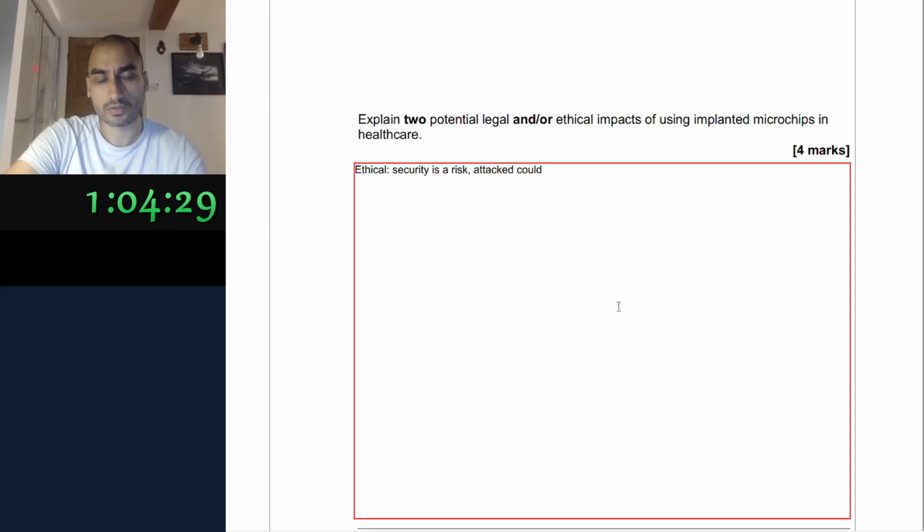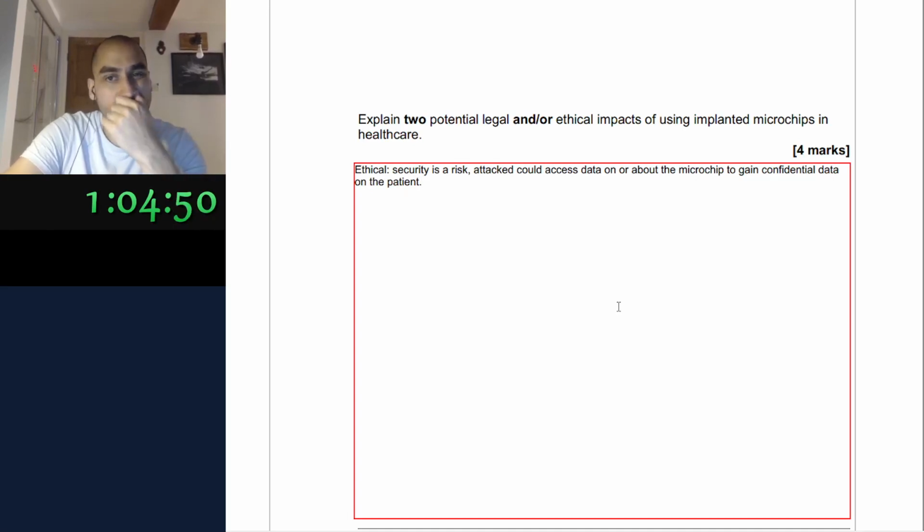Attackers could access data on or about the microchip to gain confidential data on the patient. I mean, what kind of microchips are they talking about? Are these isolated or are they connected to a network?